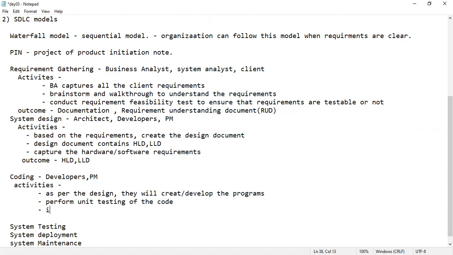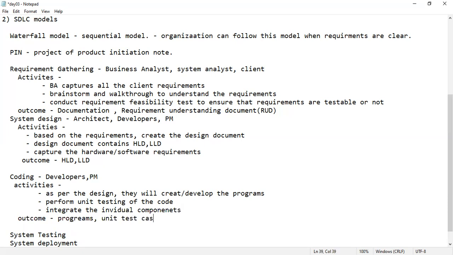Next, integrate the individual components, right? So that is what the developers can do in this phase. Okay, what is the outcome? Obviously, programs or code, unit test cases, and results. This is the outcome of coding.